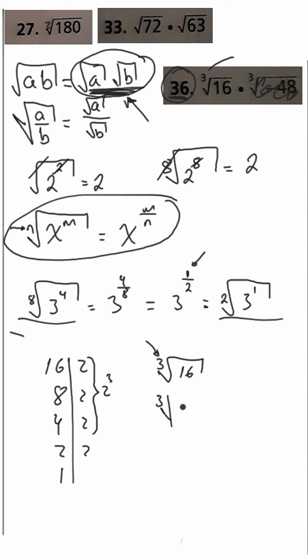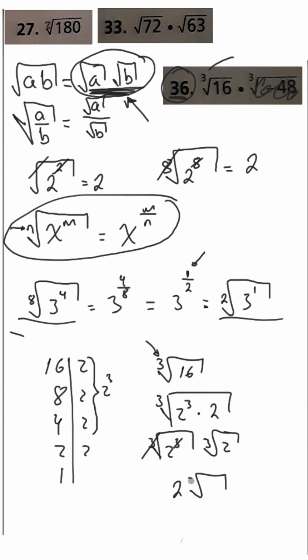So this is going to be 2 to the third, and this 2 is going to be left alone over here. And then remember, we can separate these roots. So this is going to be the cubic root of 2 to the 3 times the cubic root of 2. And then you can just cancel out the cubic root with the third power, and then you're going to get only the number 2. And that's it, right?